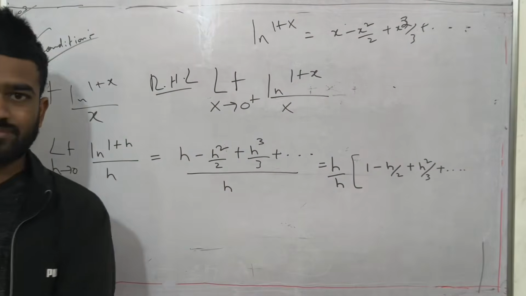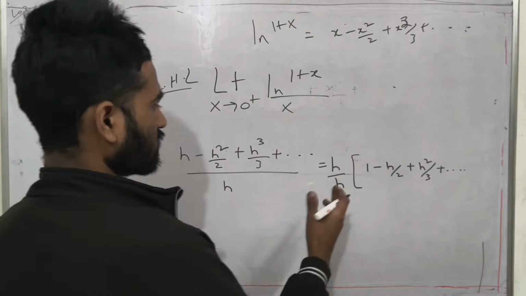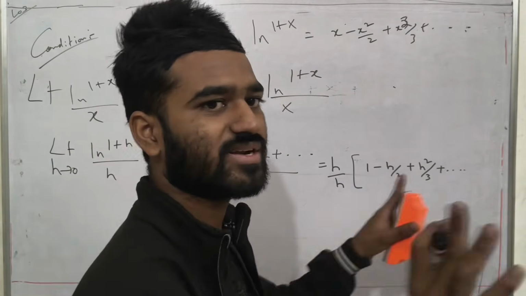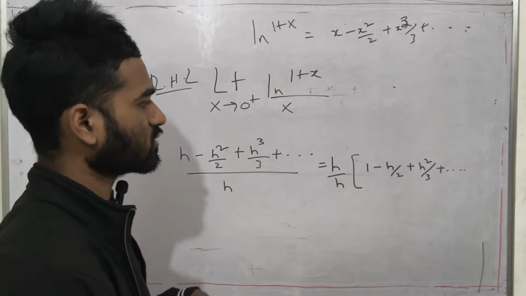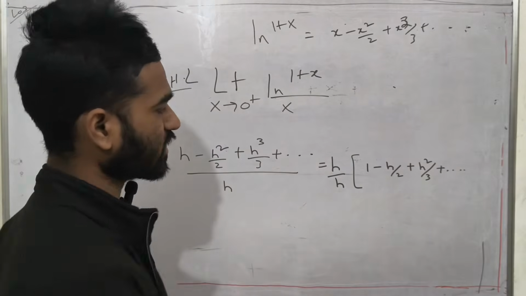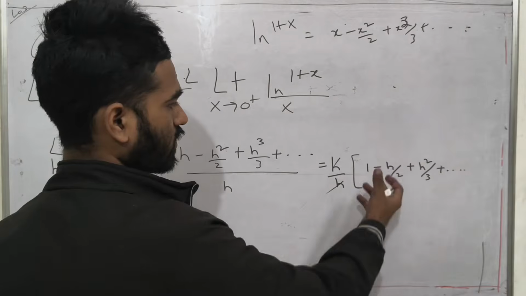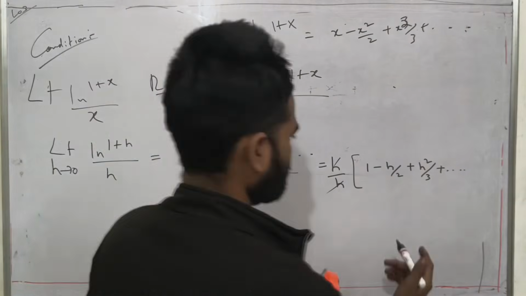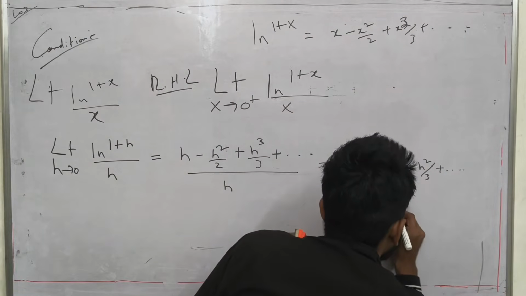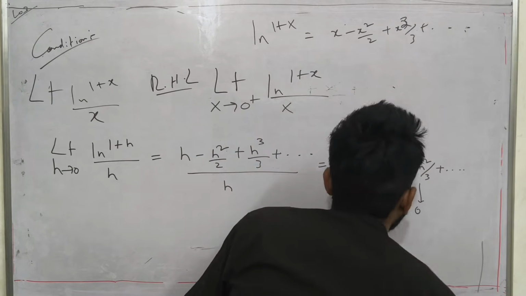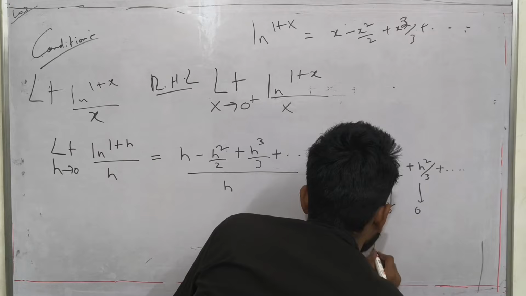Understood? So since again h is not exactly 0 but tending to 0, we can cancel out these both. Again, since h tends to 0, this goes to 0, this goes to 0 and so on, so this value goes to 1.